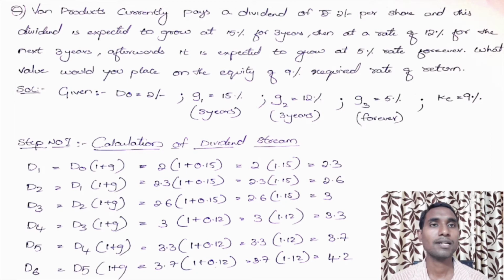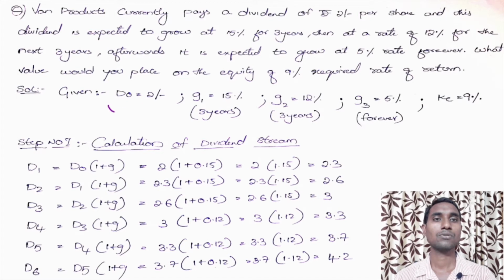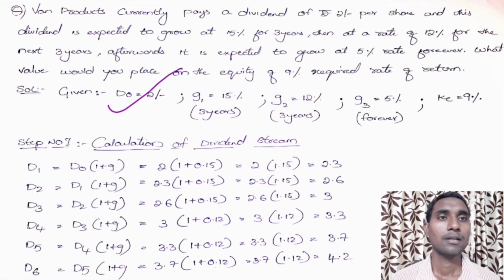Van Products currently pays a dividend of rupees 2 per share. So the current dividend, D0, is 2 rupees. This dividend is expected to grow at 15% for 3 years.